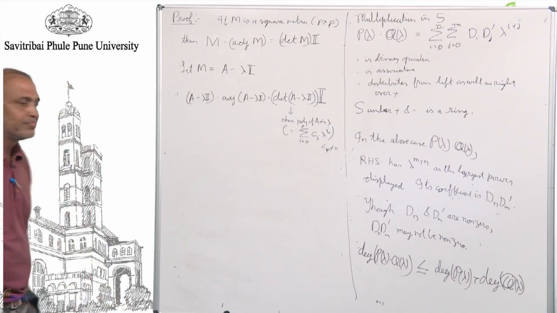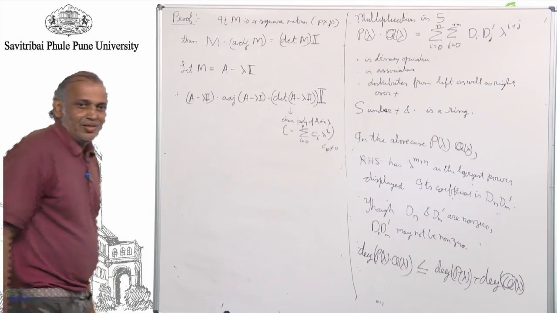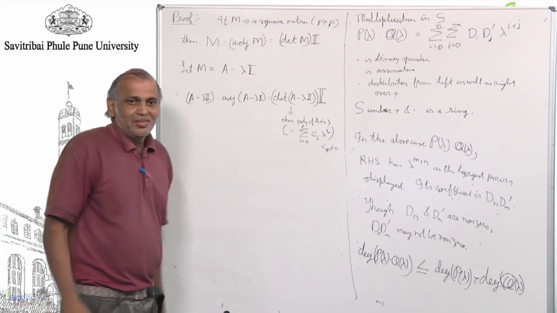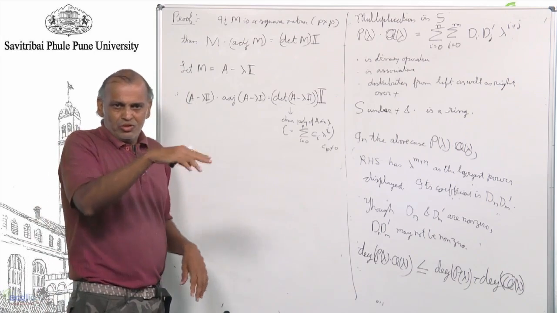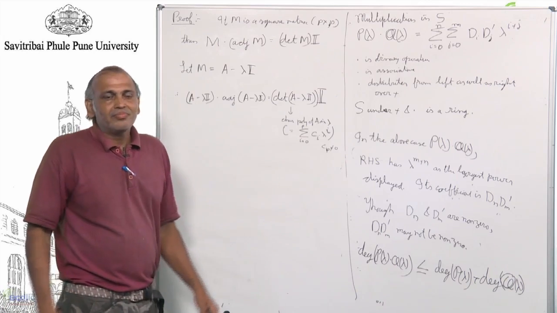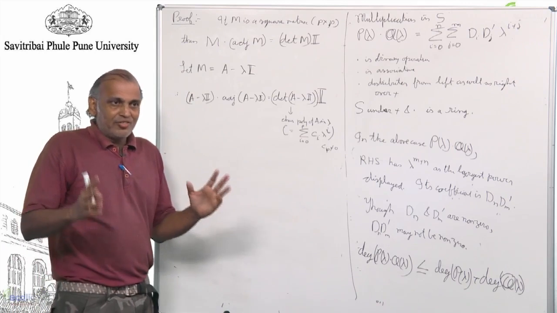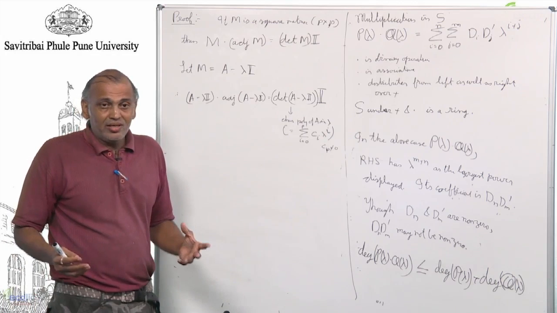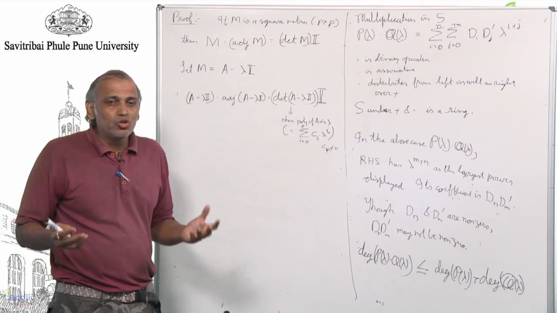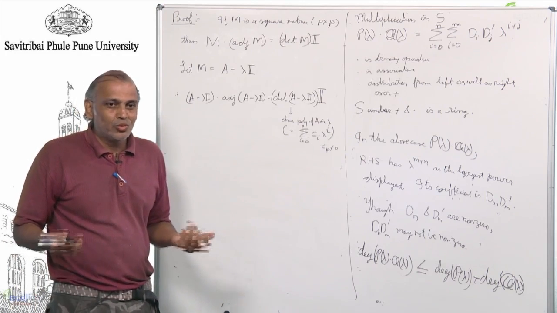You remove an element, suppose you remove a diagonal element, doesn't matter, you will be left with a p minus 1 by p minus 1 submatrix. Now how many terms with lambda can it at most contain? p minus 1.